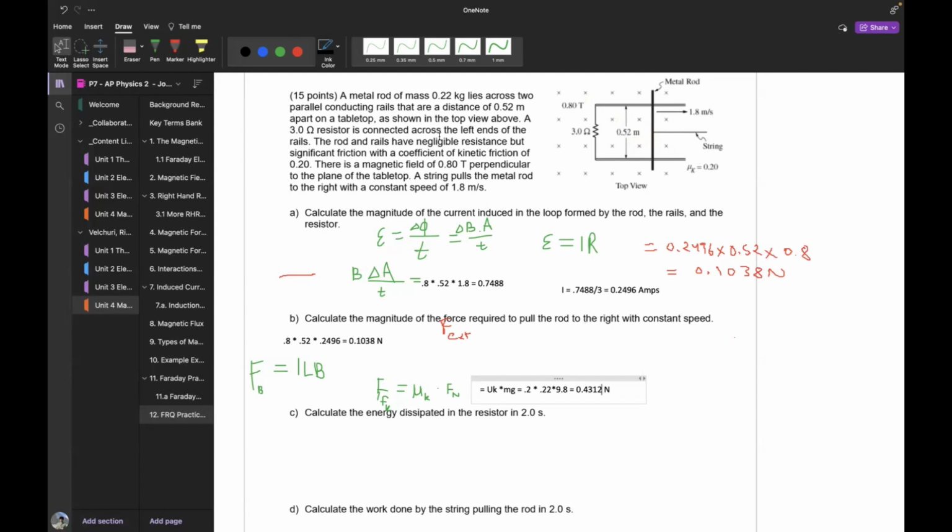So the force to the right is this plus this. Yes. F external plus F k, yeah.